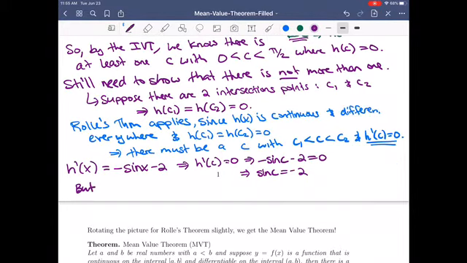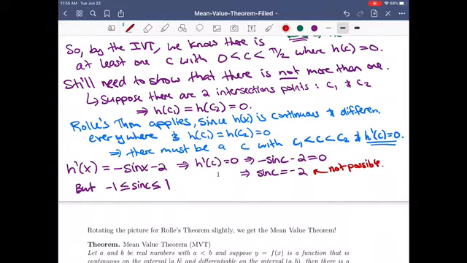Sine of c, the lowest it can be is negative 1, and the biggest it can be is not 2, it's 1. So sine is always stuck. Sine and cos both are stuck between negative 1 and 1. So there's no way that sine of c can be equal to negative 2.